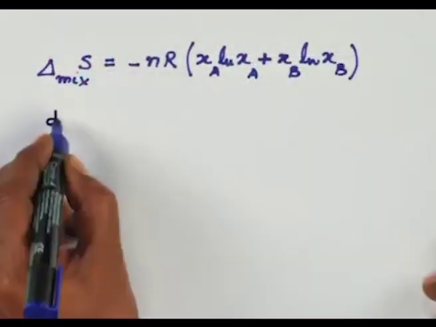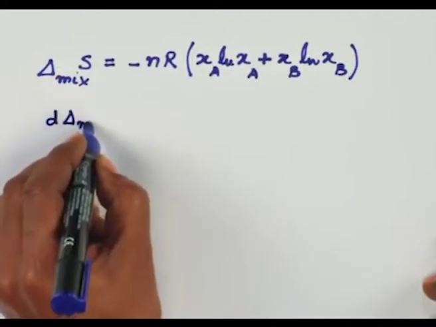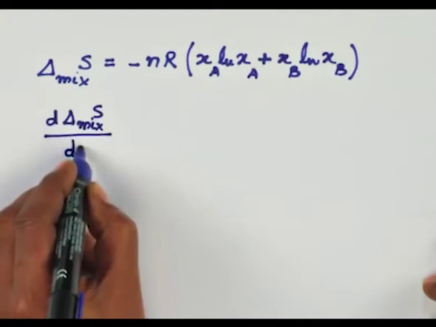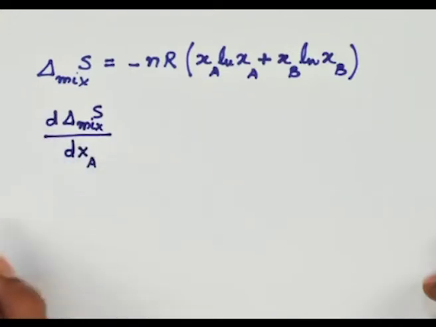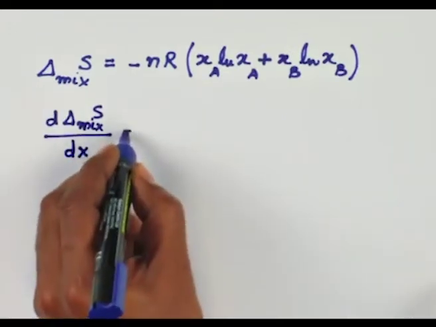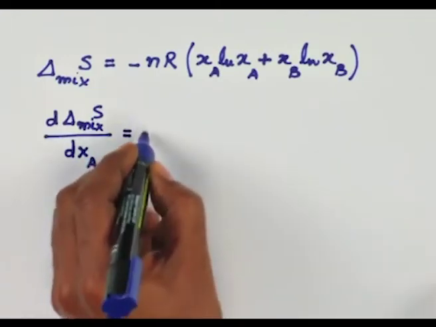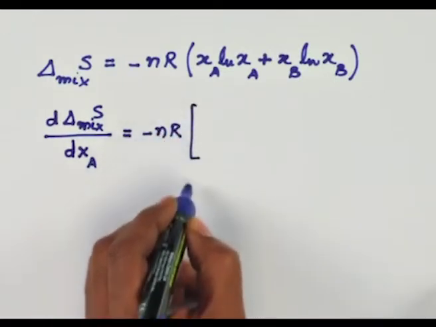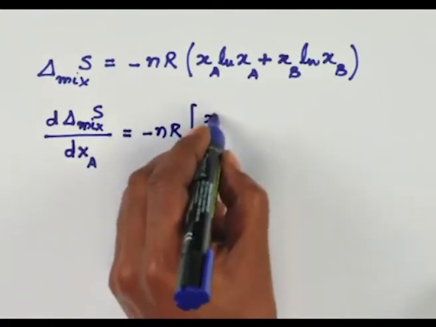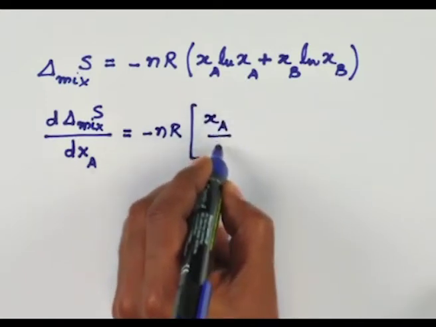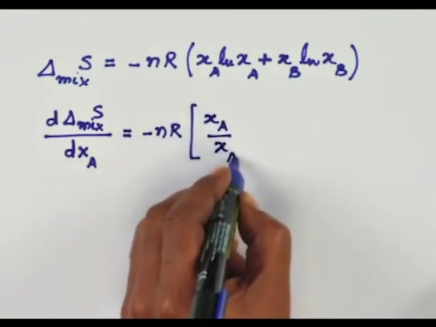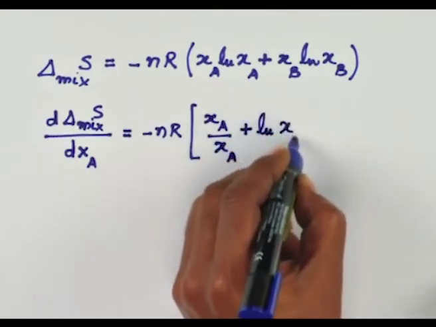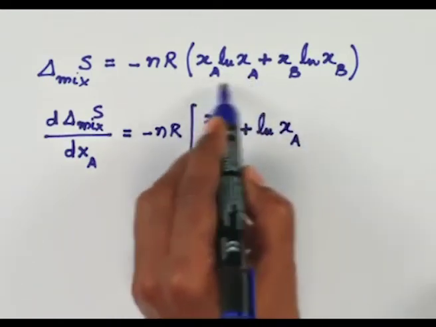We will take the first derivative of entropy of mixing with respect to XA and set it equal to 0. What will this be equal to? Minus NR, and the derivative of XA log XA will be XA by XA plus log XA.